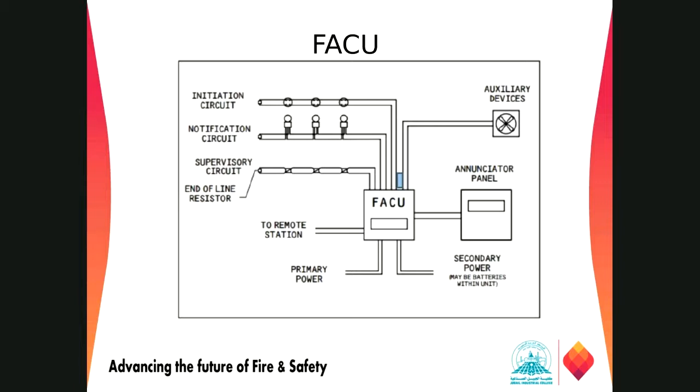You can see here a schematic of a fire alarm control unit. We can also see a fire alarm control panel. So this is the basic schematic for a fire alarm control panel.